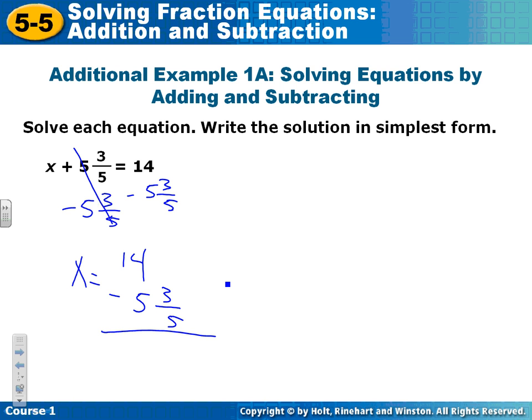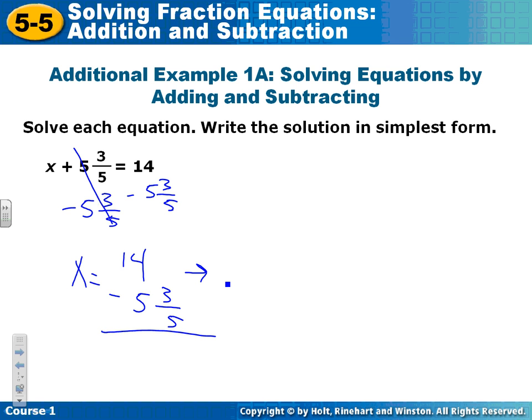Holy cow, doesn't that look like a problem that you know how to do? Because we've just done it for the last 2 days. What's my first situation here? What do we got going on? Can I solve this problem as it is right now? No, what do I have to do, Sam? I have to regroup. I have to regroup this 14 and make it a what?